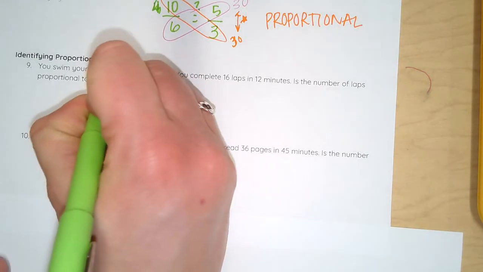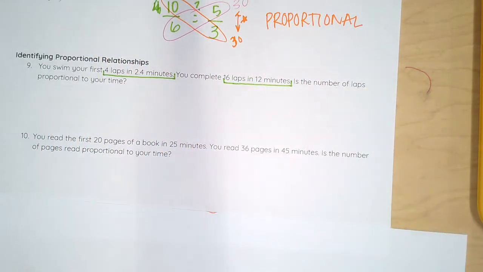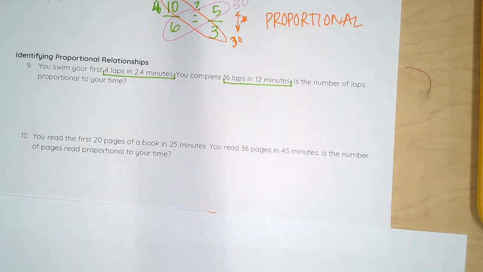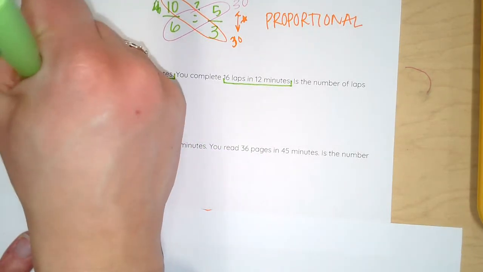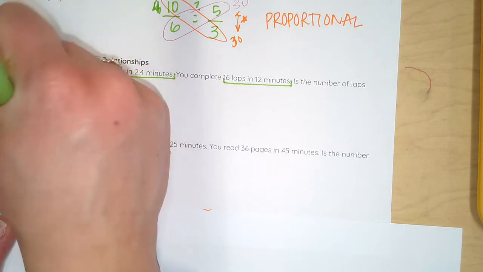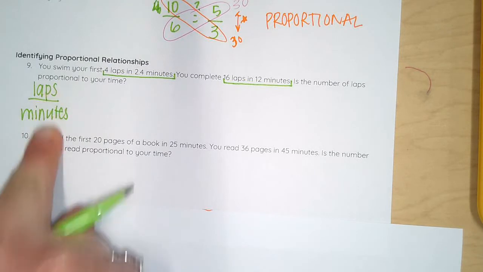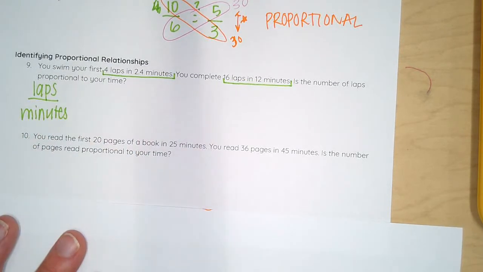So we take this ratio and this ratio, and see if they form a proportion. Now, we always start with our word ratio. What are we comparing? We compare laps to minutes here. We need to have our word ratio because we want to make sure that we are keeping everything organized.